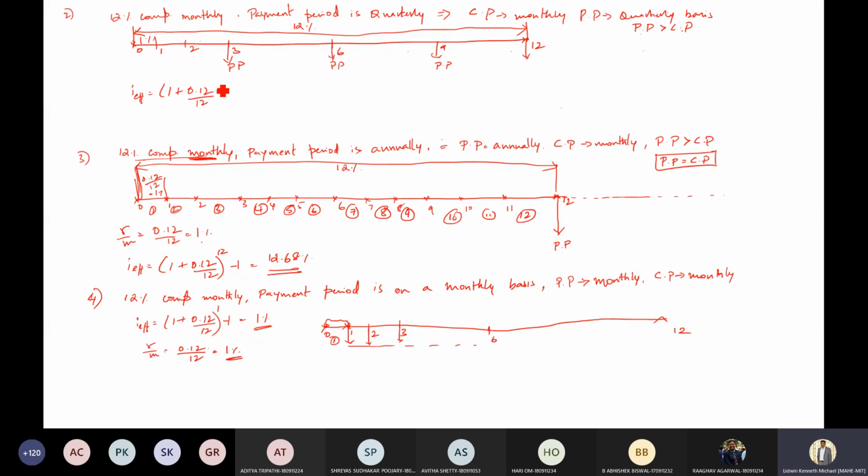I already took M as 12 now. Please note, your M is on a monthly basis.